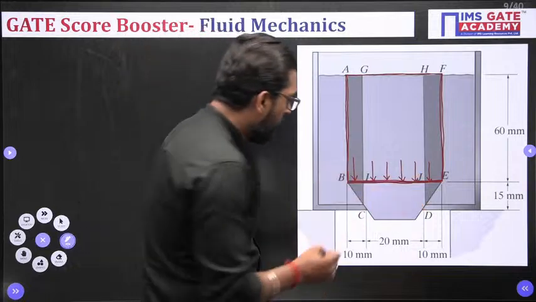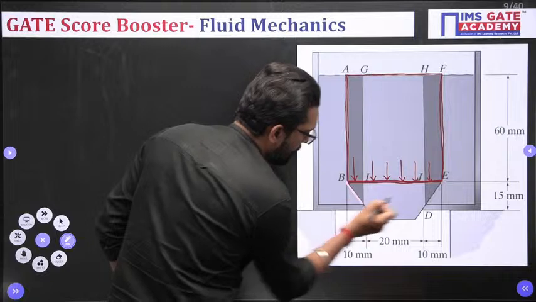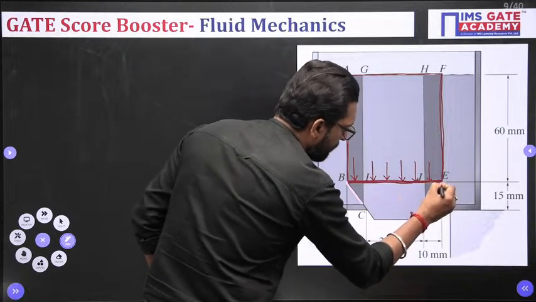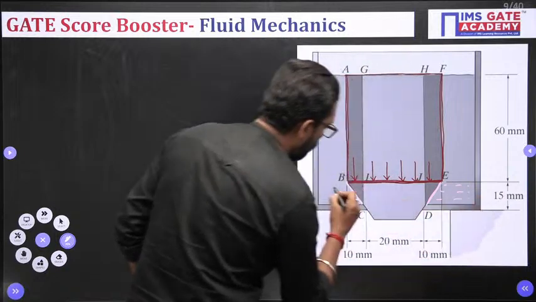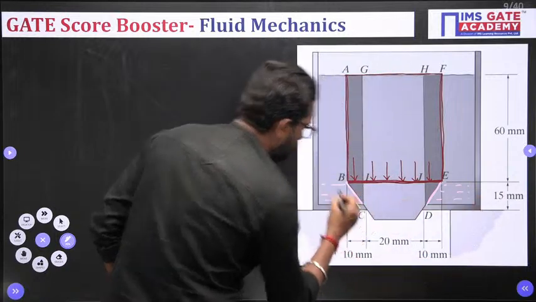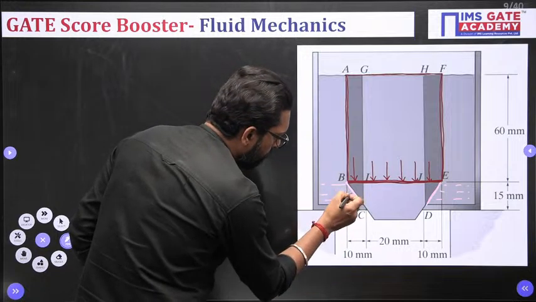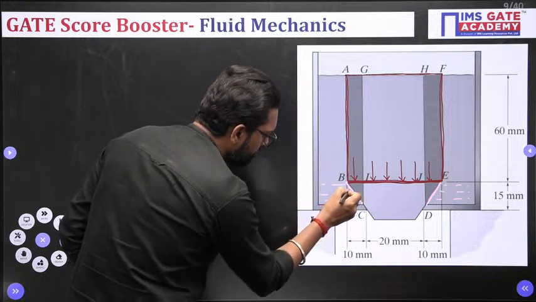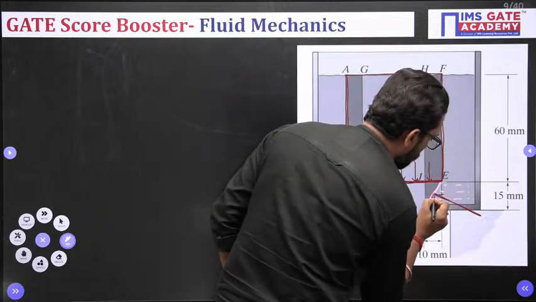Okay. Now, my dear, there is also this side. In this side, there is also fluid, sorry, crude oil, so the pressure is also acting in this direction. Okay, yes or no?